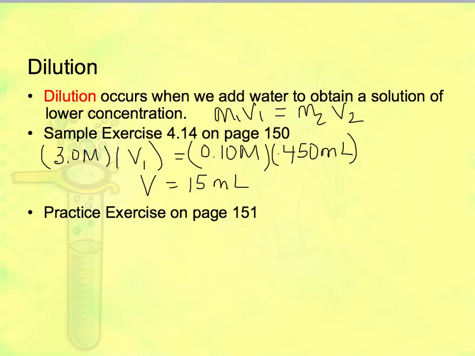Right, and it says, what volume of 2.5 molar lead nitrate contains 0.05 moles of Pb2+? And it continues on, several different problems here, so let's see what we can do.